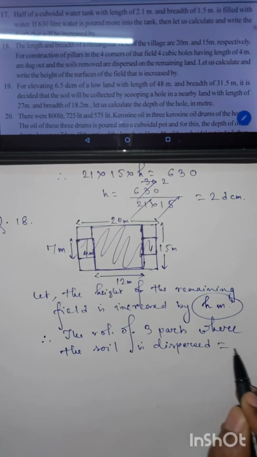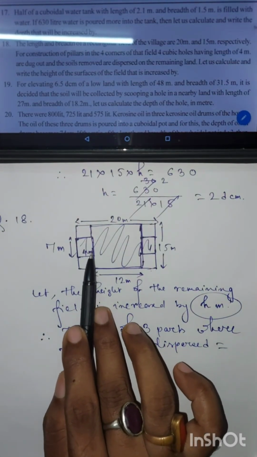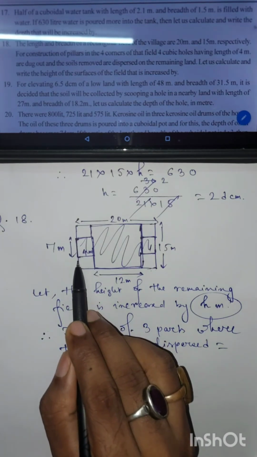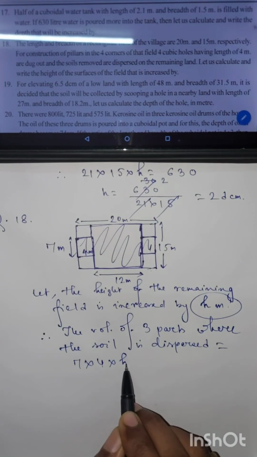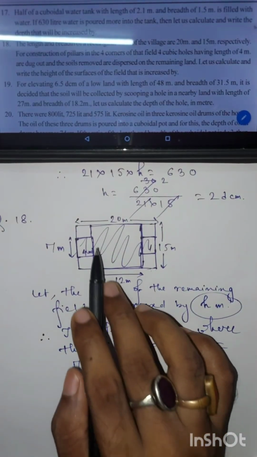is equal to, so first we are calculating the volume of this part. So this is 4, this is 7, so 7 into 4 into height h, plus the volume of the middle part.